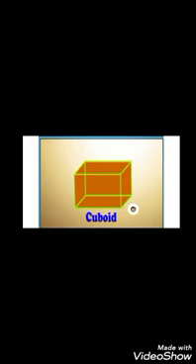In a cuboid we have 4 lengths, first, second, third, fourth. Then 4 breadths, 1, 2, 3, 4. 4 heights, 1, 2, 3, 4. Let me give you some examples of a cuboid.